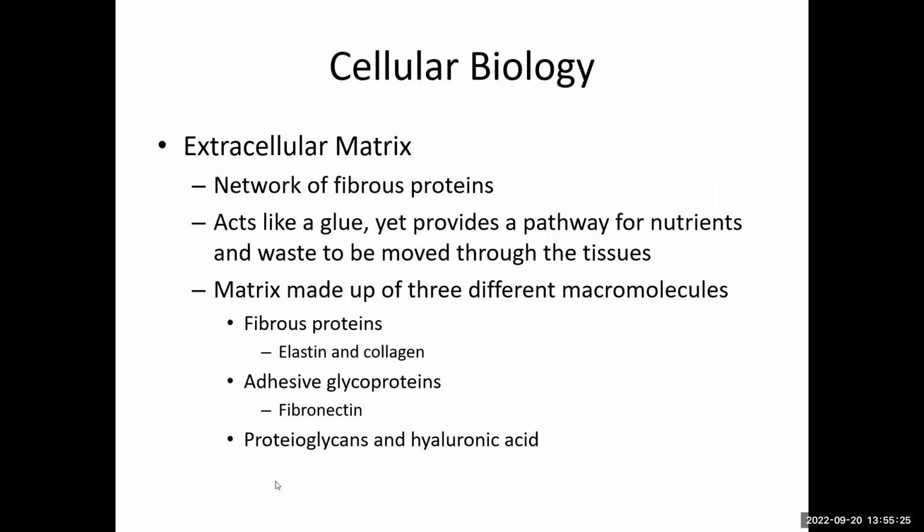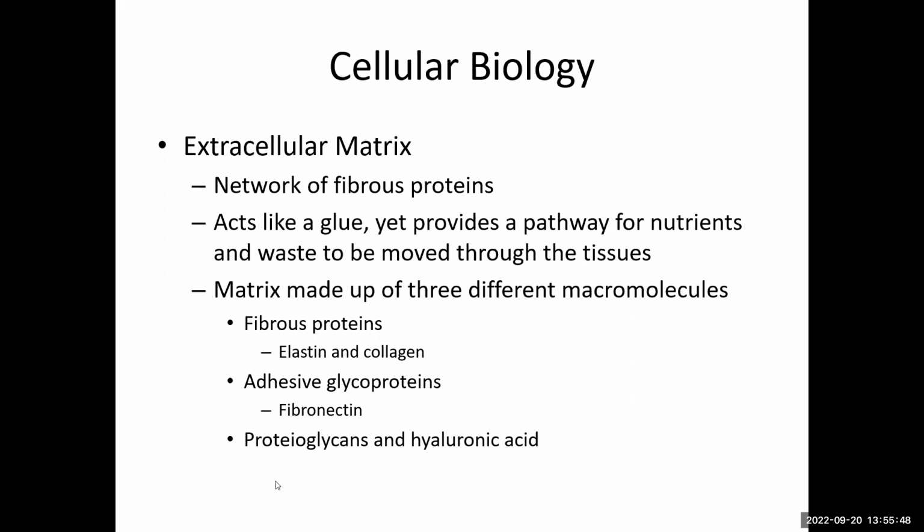In the extracellular matrix, we have proteins. These are long, stringy, fibrous proteins that are going to act like glue to hold these together. They can also provide a pathway for nutrients and waste to move through those tissues. If you remember some of your tissues from A&P when you went through the tissue portion, you have areolar tissue.